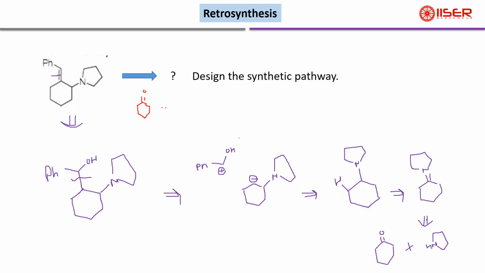If you add pyrrolidine and H plus, it will form this imine structure.